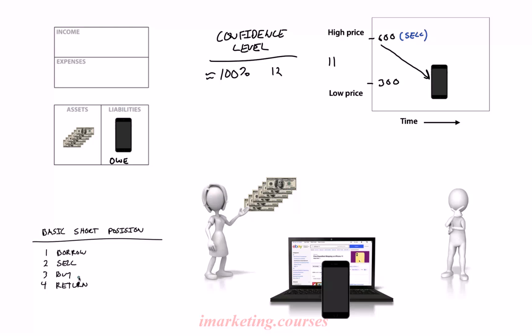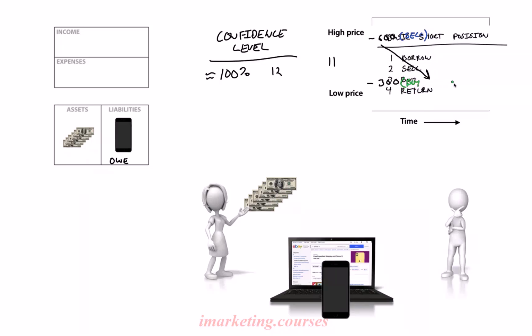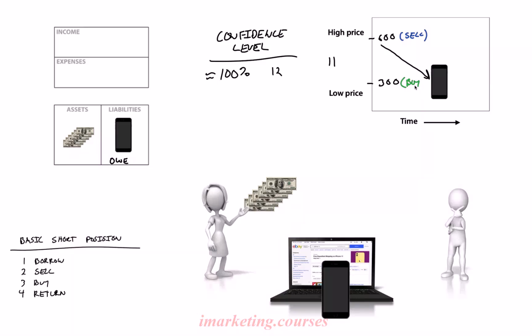It's time, according to our recipe right here, to buy it back. So we're going to buy, oh my word, how do I do such things? Move that back down where it belongs. I'm going to buy at 300. So notice that we sold at the high price and bought at the low price. If you buy low and sell high, you're probably going to be in good shape.